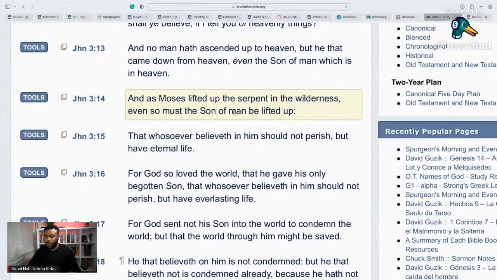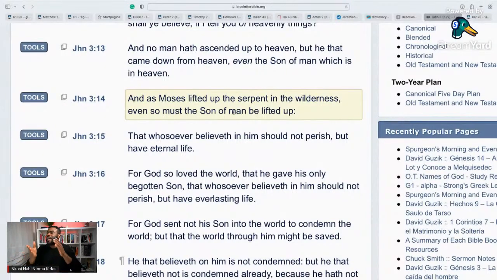The Most High said, okay, make a fiery serpent of brass, put it on a pole, elevate it, so everyone who will look upon that serpent will be saved, will be healed. And Yeshua is comparing himself to the brazen serpent.